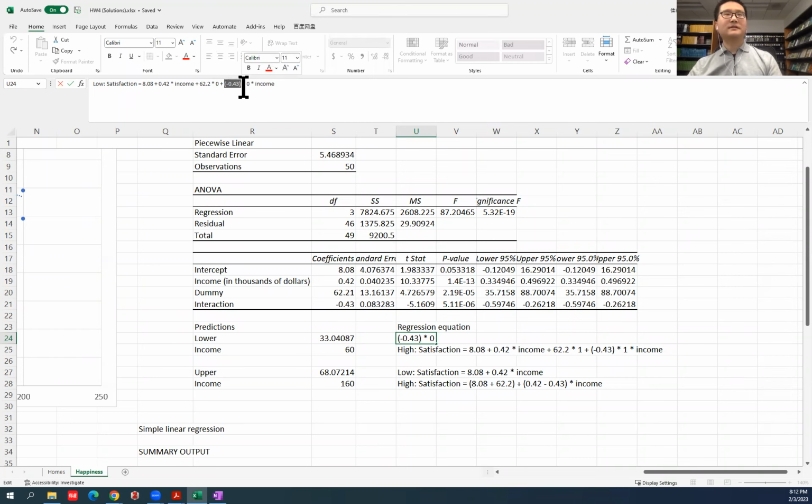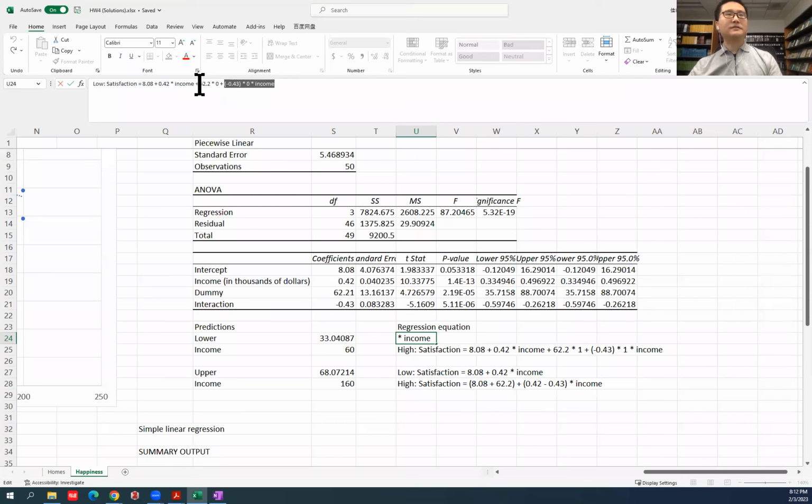For the interaction, notice here, we are taking a multiplication between the dummy variable and the income. That's how the interaction term is generated. When we do this, this term cancels, although we have some coefficient estimates of this interaction term.